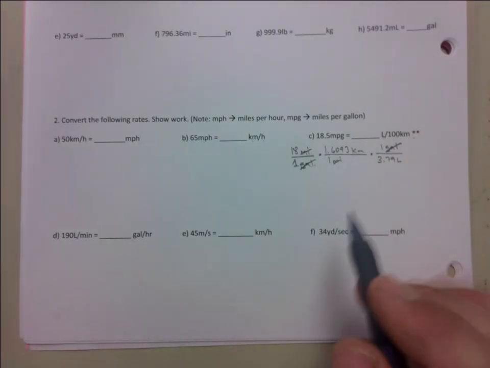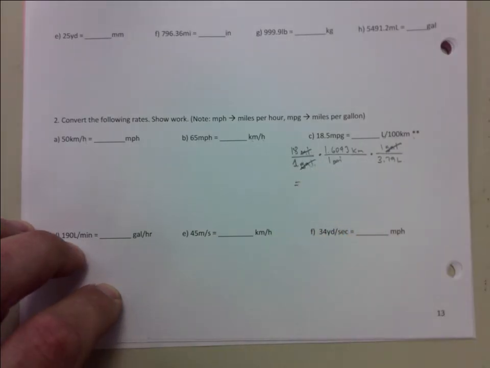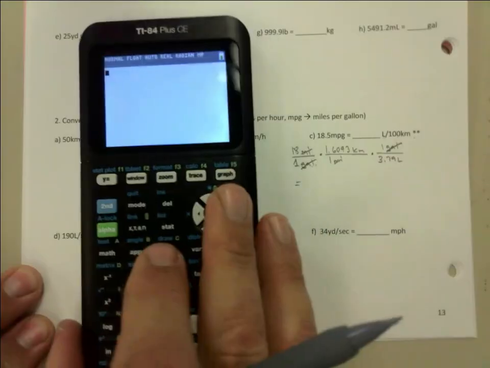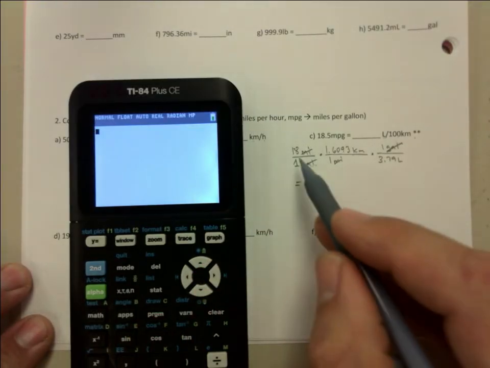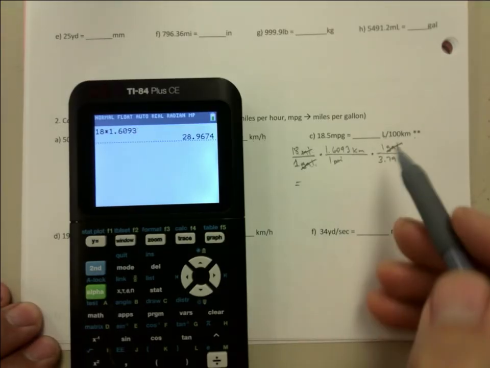So right now, if we just multiply the top and multiply the bottom, you get your right answer. I'm going to use your calculators. How about we use these ones right now? So I'm going to go 18 times that, times 1 technically.